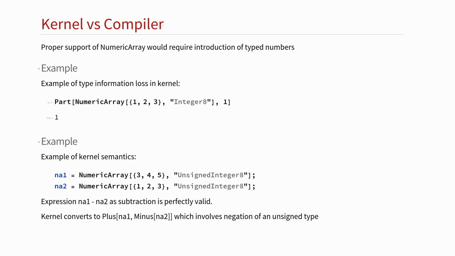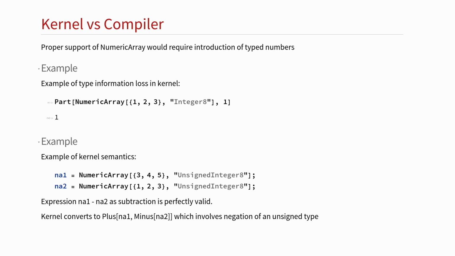Or we do it through the compiler, because the compiler already has a type system. It already knows about numbers of different types, and it already knows about a lot of the infrastructure that we're going to need to do those kinds of things. Here's another example. I have 2 numeric arrays, and I want to subtract them, so I write NA1 minus NA2. They're both unsigned integer 8s, but the kernel converts a subtraction into Plus of the first vector and minus the second vector.